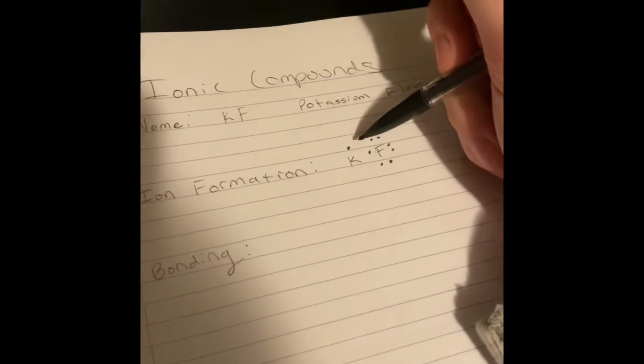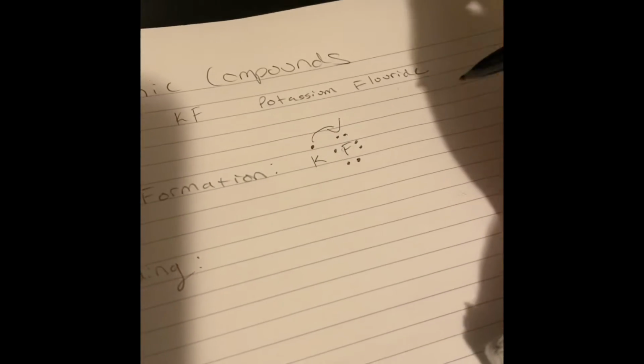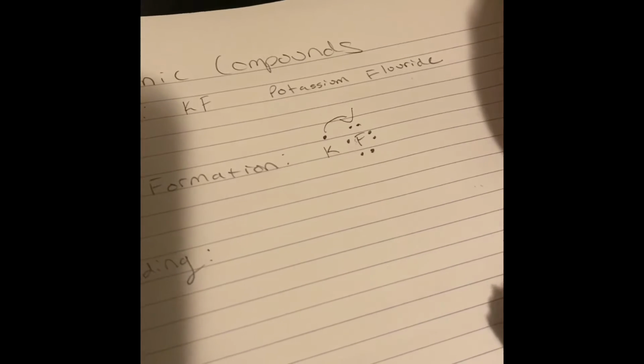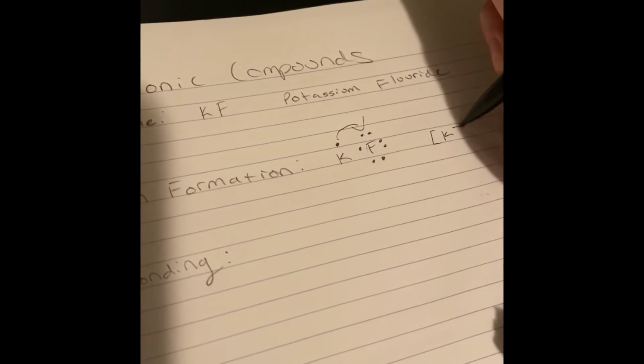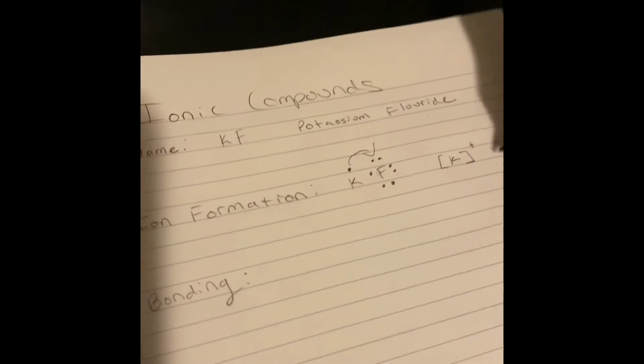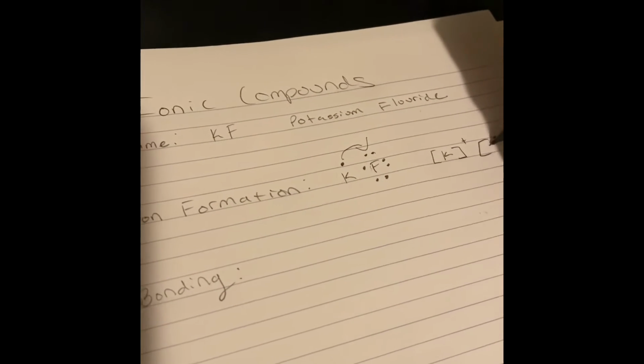The singular valence electron in the potassium atom is transferred to this fluorine atom, and then two ions are then formed. So you have a potassium ion, and you have a fluorine ion.